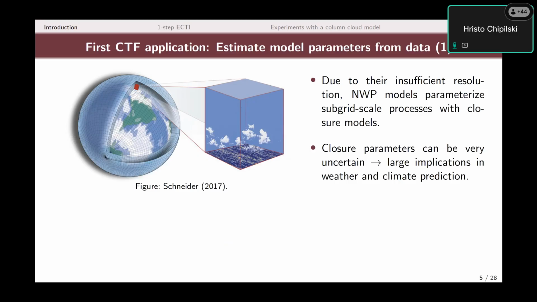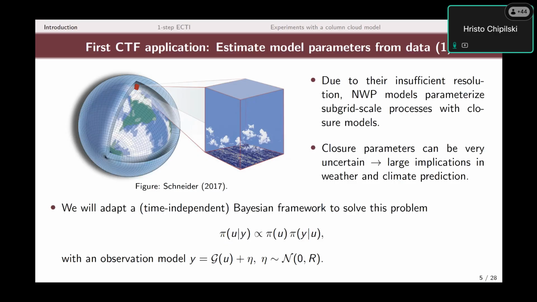And the way that I'm going to solve this problem here is to use the Bayesian framework, where the goal would be to sample from the posterior of our unknown parameters u, given observations y, under the standard observation model that we have: our nonlinear model G, which is a map from the parameters to the observations, having additive Gaussian noise added to it.